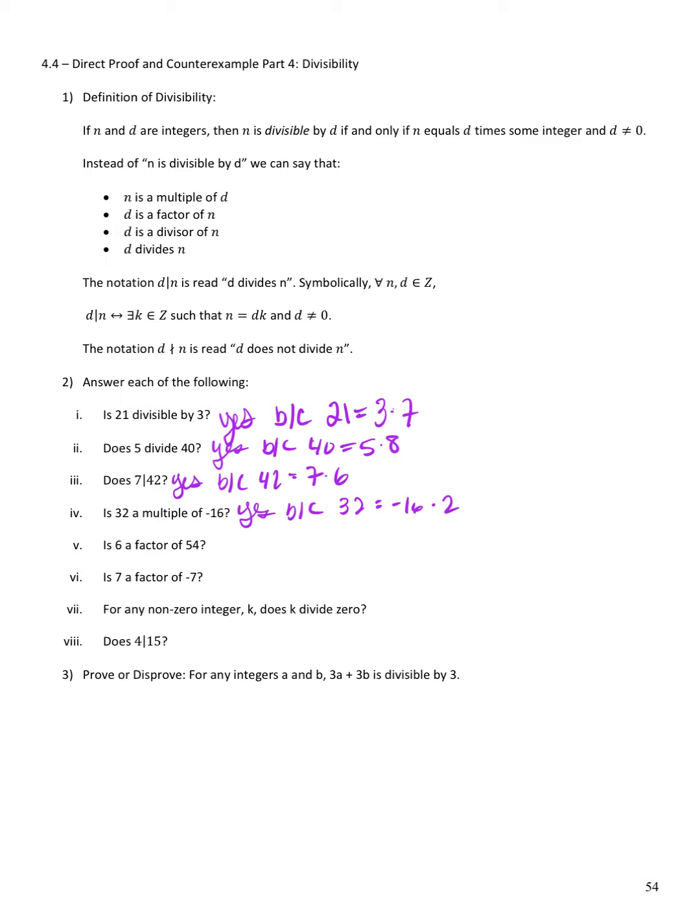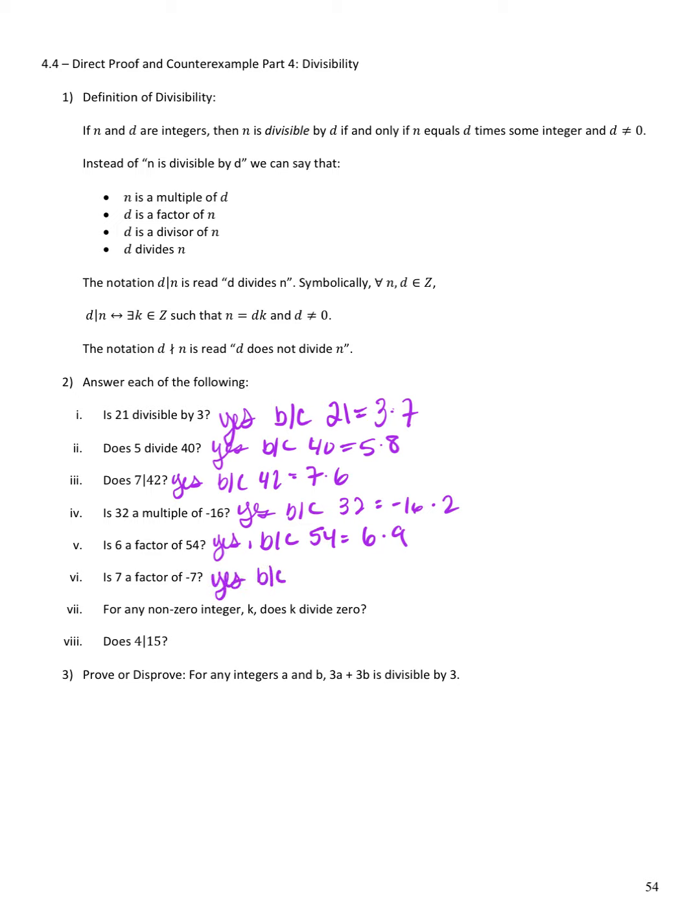So this definition of multiple or divides can apply to negative numbers as well, right? The definition says n and d in the integers, and integers include negatives. Is 6 a factor of 54? Yes, because 54 equals 6 times 9. Is 7 a factor of negative 7?